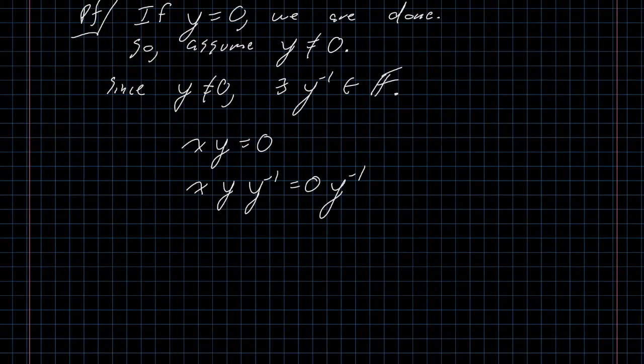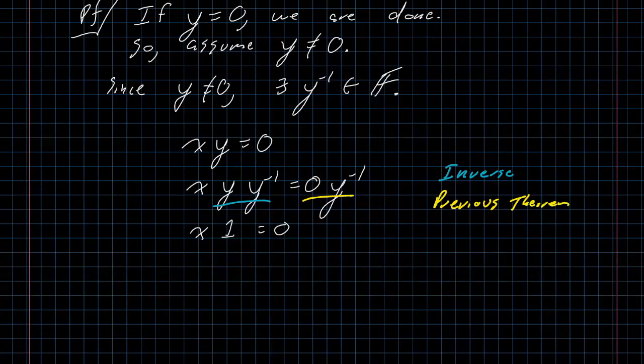And we just established that if you multiply anything times 0, you get 0. So over here, if you multiply a number times its reciprocal, you get 1. That's the property of inverse. And over here, that's the result from the previous theorem.